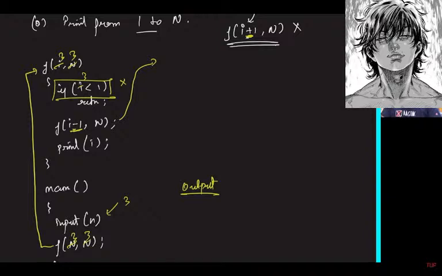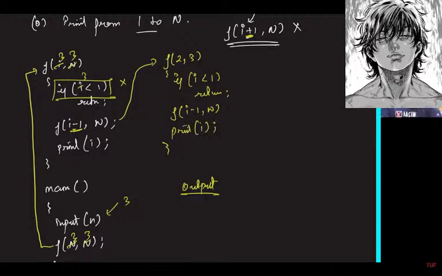The function call will go with i minus 1, that's 2 comma 3. Again, we write if i is lesser than 1 then return, then f of i minus 1 comma n, and then print of i. Let's see if the first line executes. Again, no, because i is 2. So this time again, you call the function.